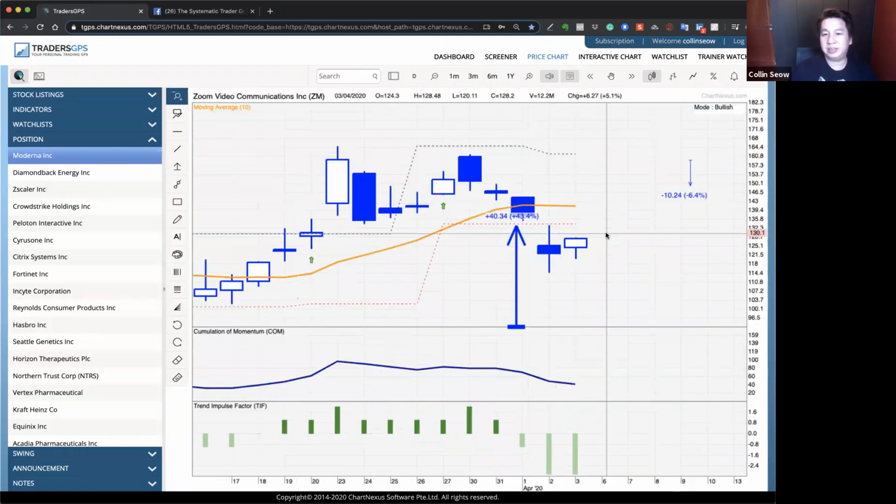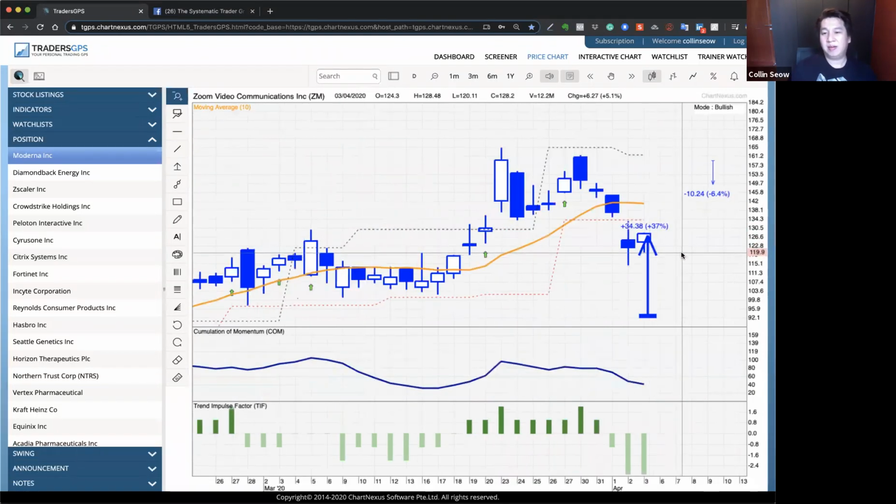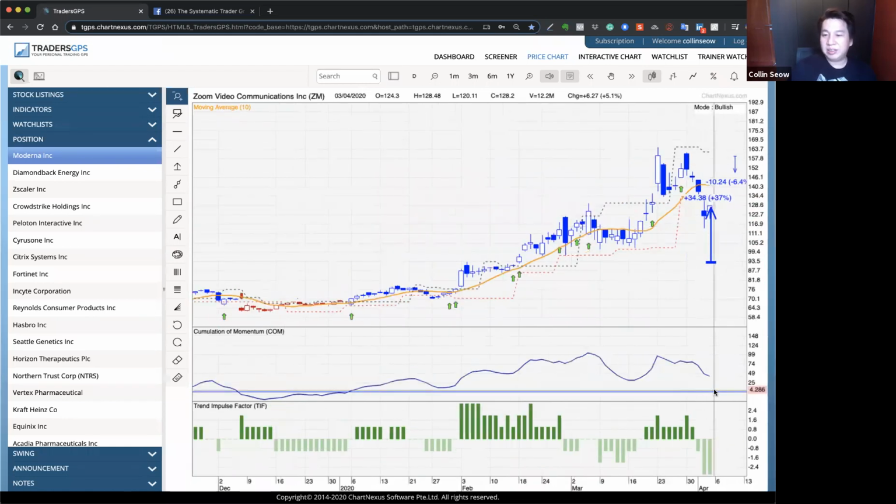In either case, exit. Even if you exit today, you are up about 37%. Candlestick turning red will take a while; it hasn't turned red yet.